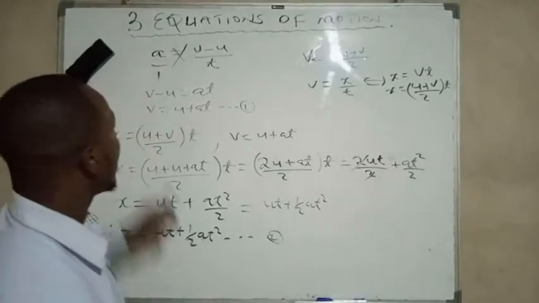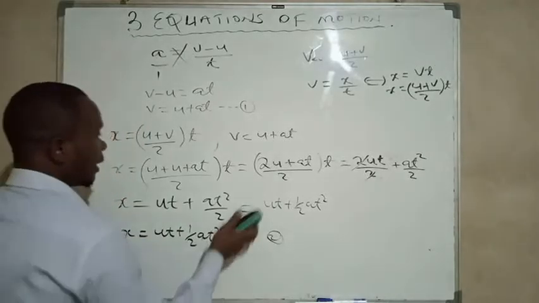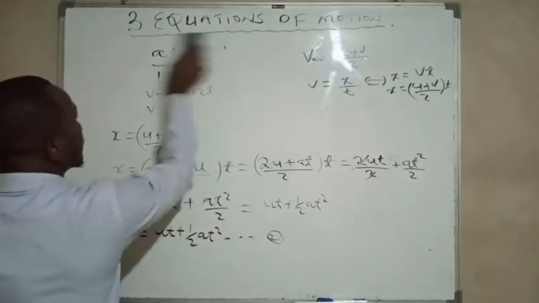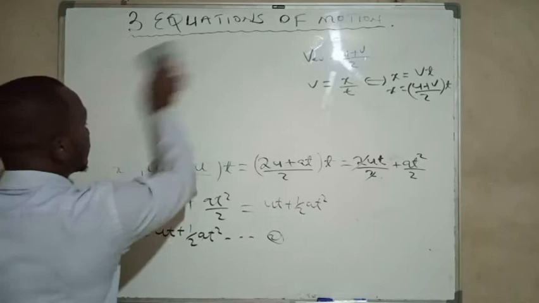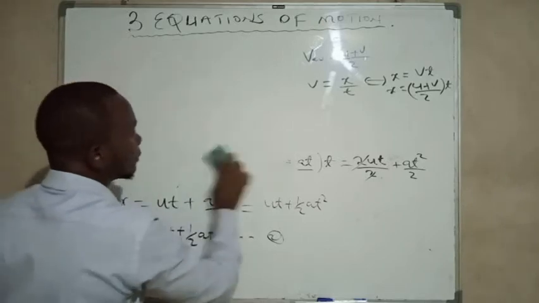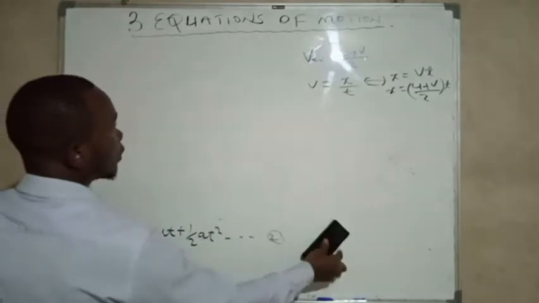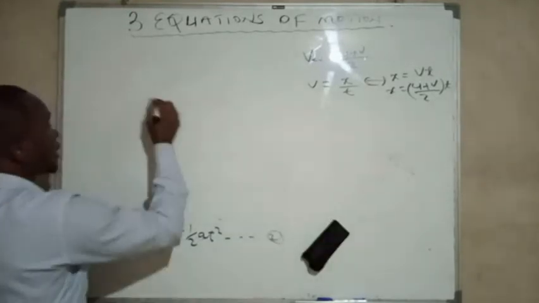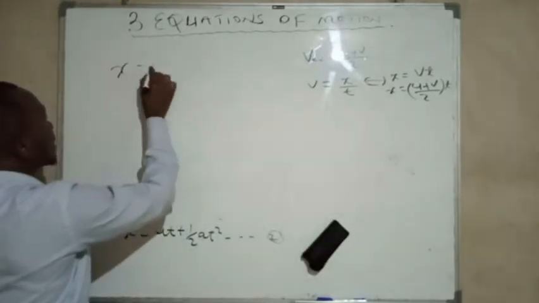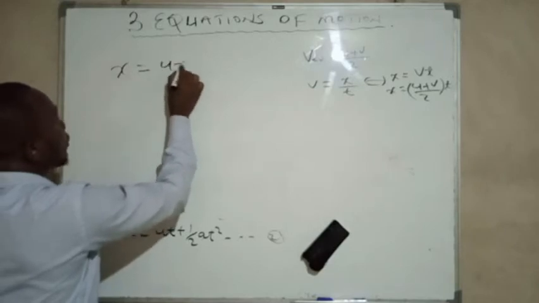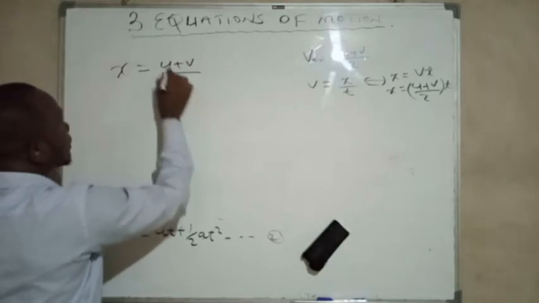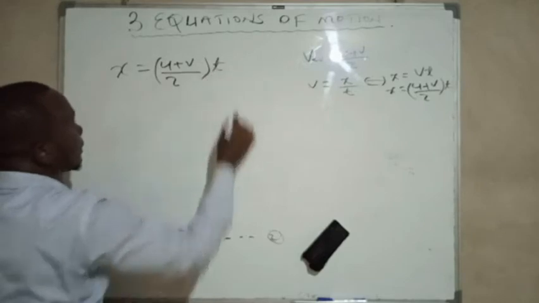Now let us derive the third equation. So we know that displacement is equal to u plus v over 2 times t.